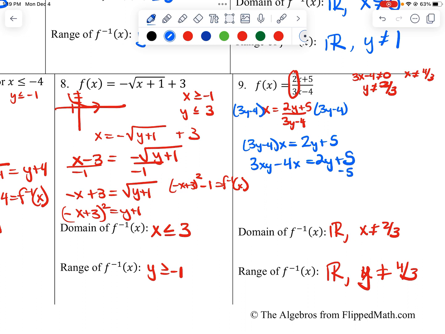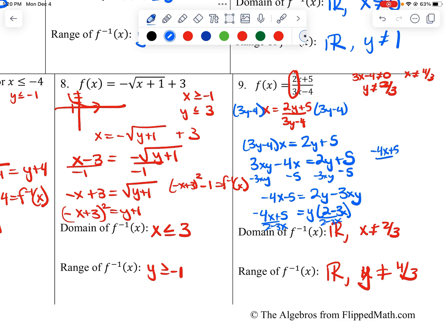I'm going to subtract the 5 and then minus the 3xy's to get the y's on one side. So I have negative 4x minus 5 equals 2y minus 3xy. Factor out a y. And then divide by 2 minus 3x. So I have negative 4x plus 5 over 2 minus 3x equals our inverse.